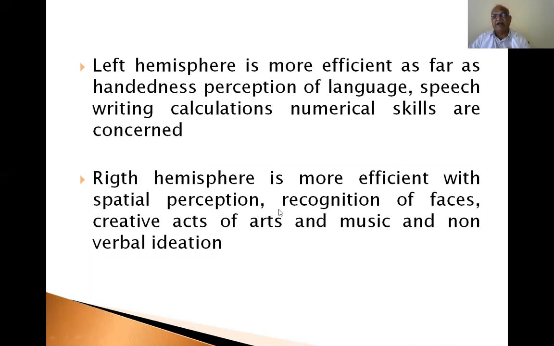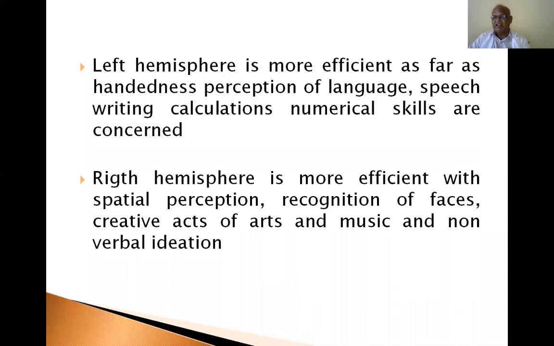This domination of a cerebral hemisphere is not well marked up to 10 years of age. After 10 years of age only, the child will get the domination of a cerebral hemisphere. So the domination of right or left cerebral hemisphere will be decided only after 10 years of age. If any child is writing with the left hand, it indicates the right cerebral hemisphere is dominant in him.